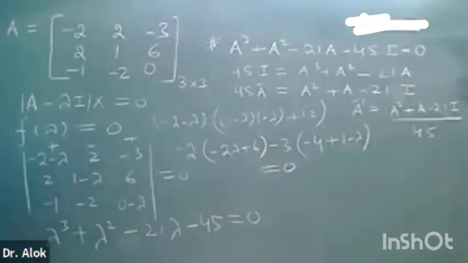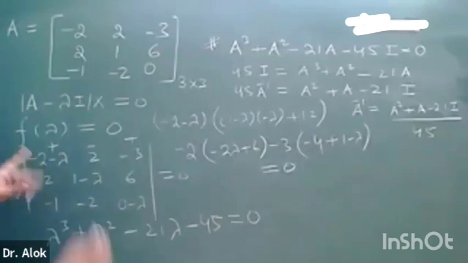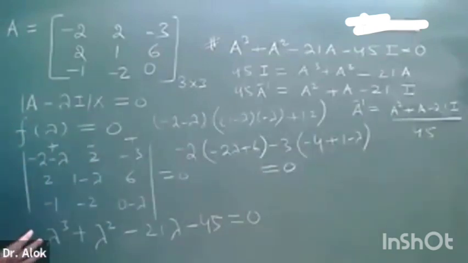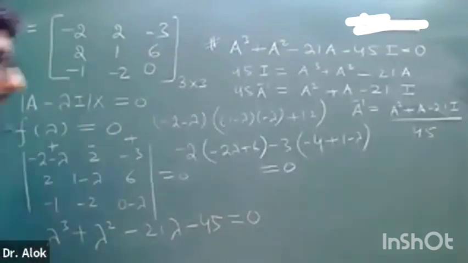In the f of lambda, the first row, minus 2 minus lambda, but you put a plus sign, sir. That I couldn't understand, sir. You don't know how to open a determinant?